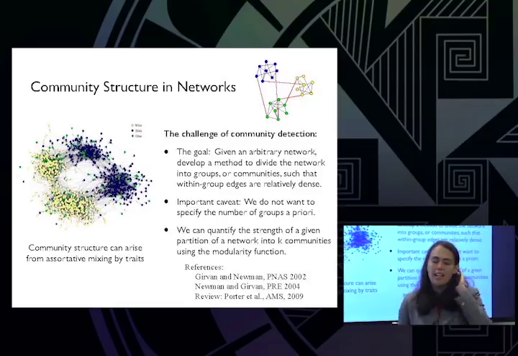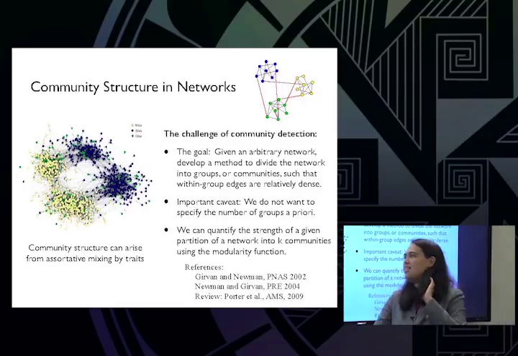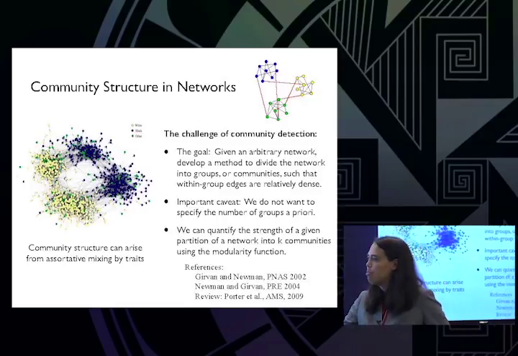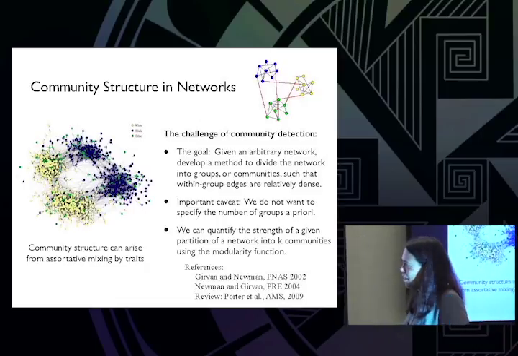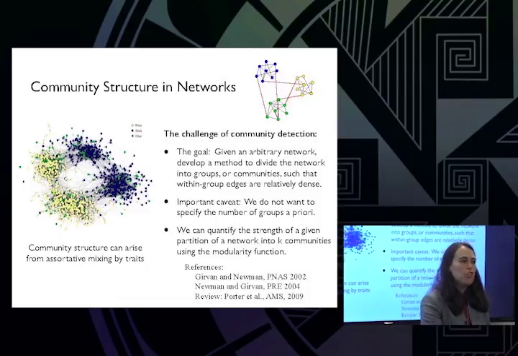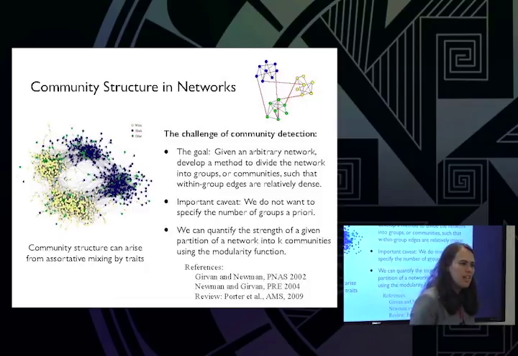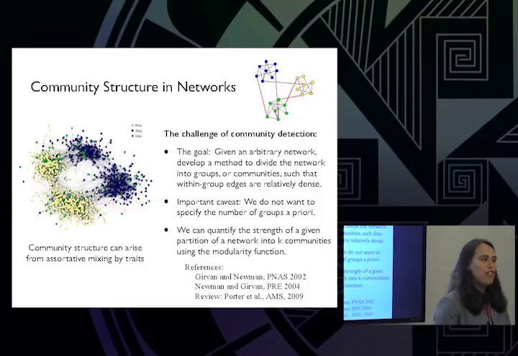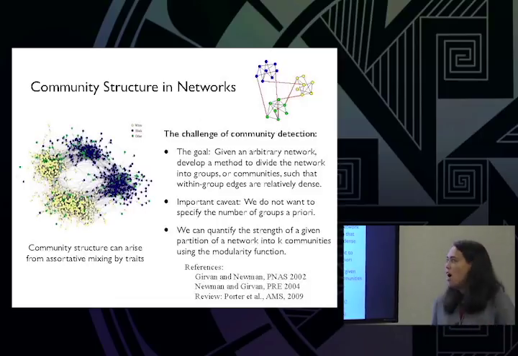And we already saw an example of that. And I said, okay, this was drawn with a simple visual layout algorithm. But in fact, if I give you an arbitrary network with just the nodes and the edges, it can be really pretty hard to find that community structure.